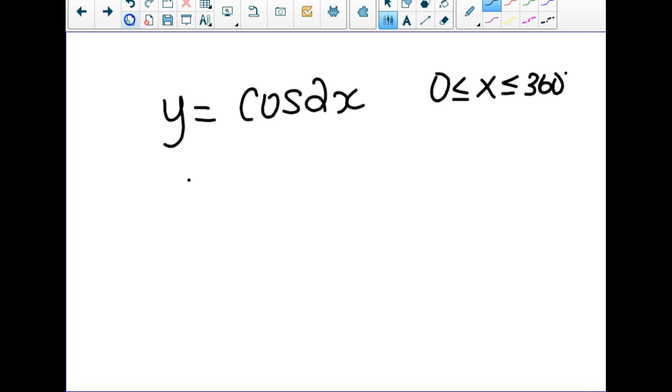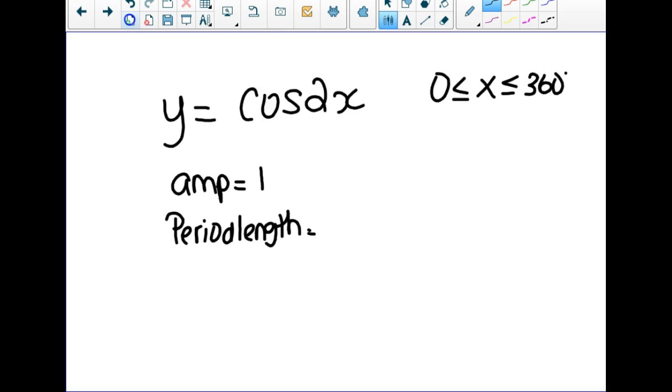Okay, so what's our amp in this situation? Is 1, and our period length is 2 pi divided by 2, right? Because this is our b value. So 2 pi divided by 2 means my period length is pi. And if we were saying that in degrees, what would that be? 180?